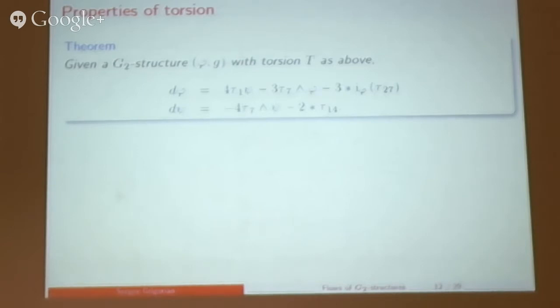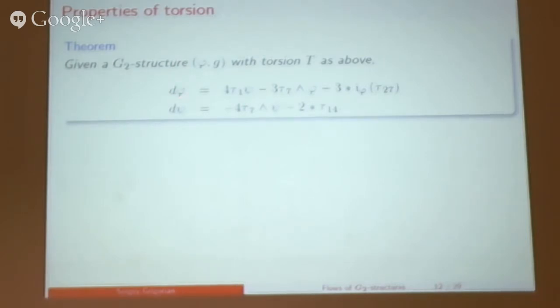Also, these torsion components completely determine nabla of phi, so they completely determine all the derivatives of phi. In particular, they also determine the exterior derivative of phi and d of star phi, and we can write these down in terms of the same components of the torsion.